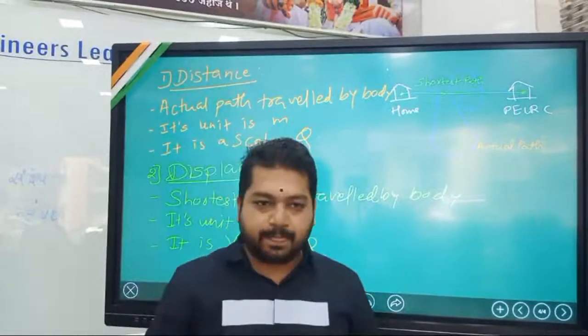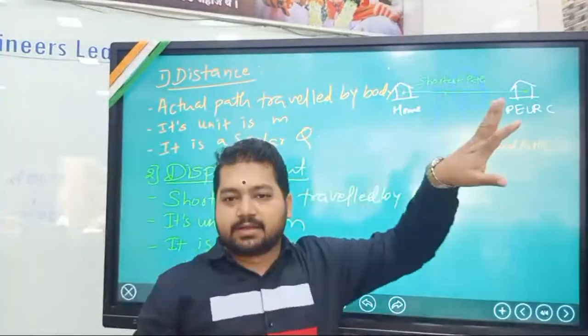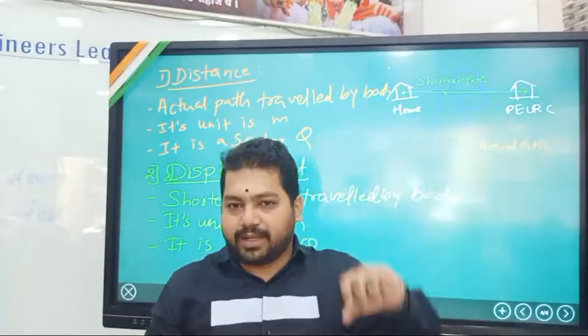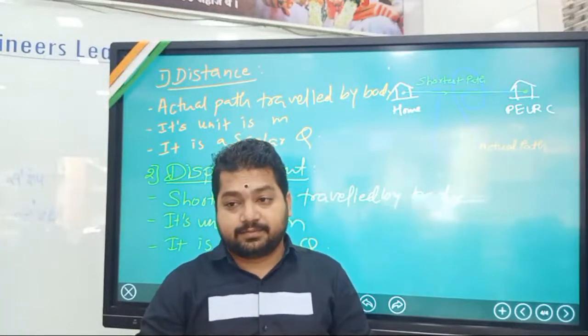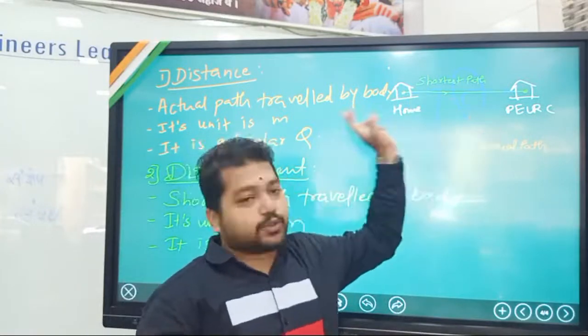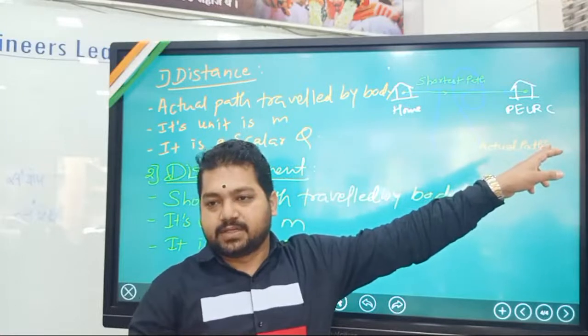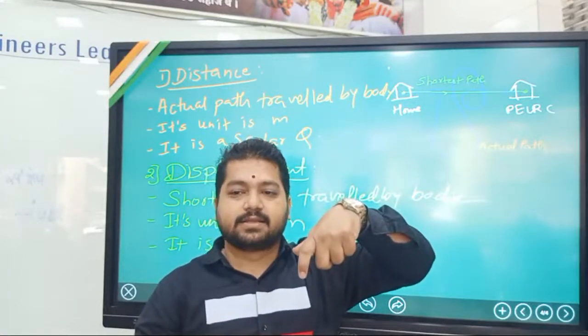Fine. So in this diagram, the path you actually traveled is the actual path traveled by the body, and that is distance. And the path which joins these two destinations is called the shortest path, and that is displacement.